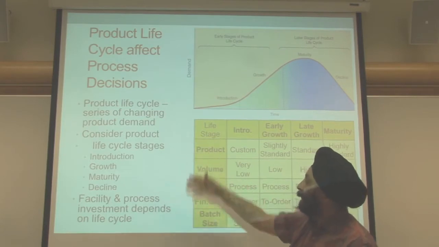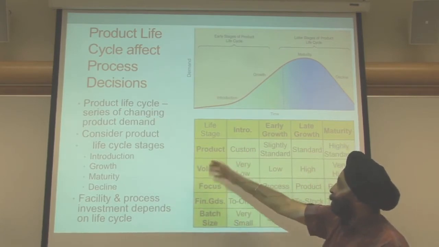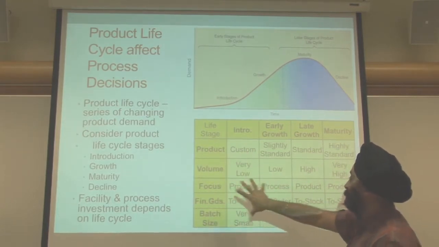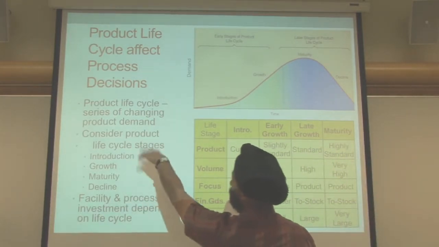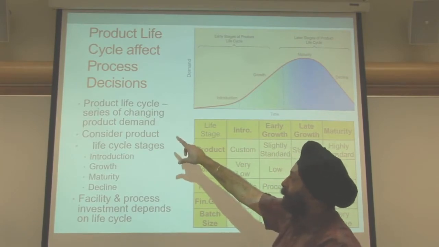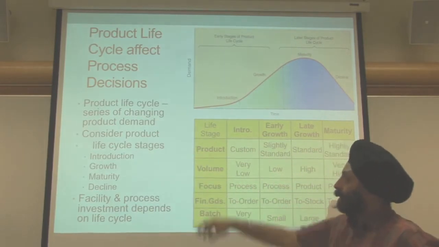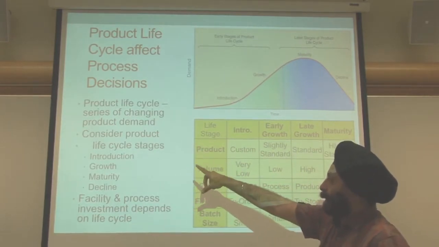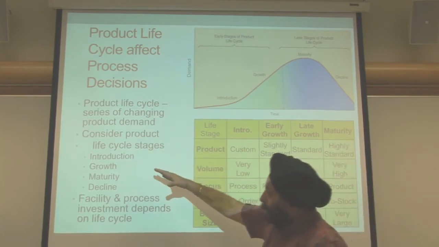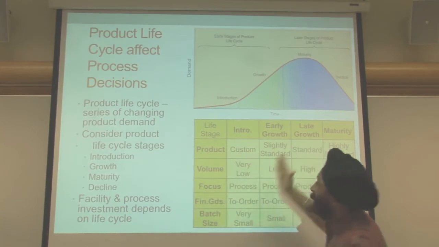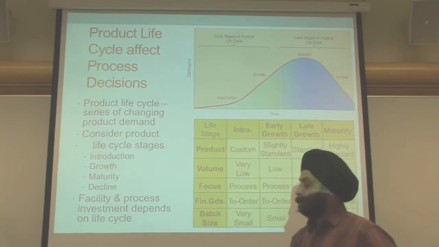And in this case, how product volume, focus, etc. change. Now, in this particular scenario, what you're looking at is product life cycle, a series of changing product demand. Consider product life cycle changes in introduction, growth, maturity, and decline. Facility and process investment depend on the life cycle.